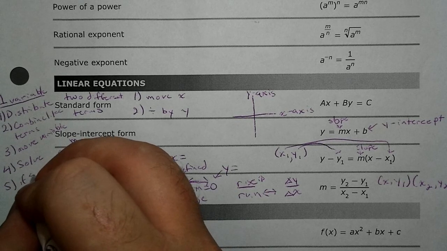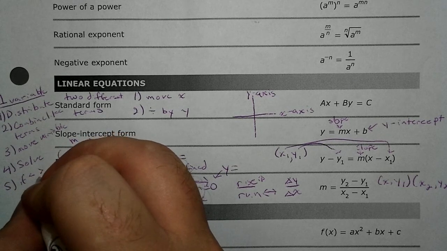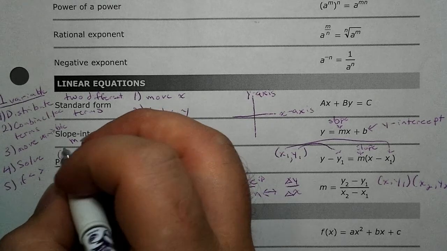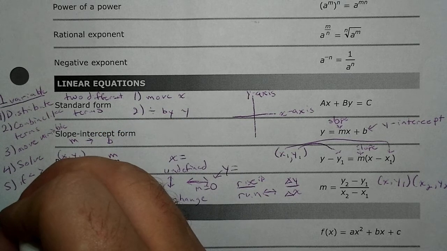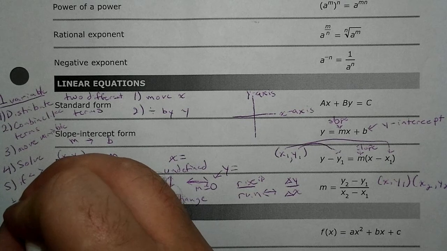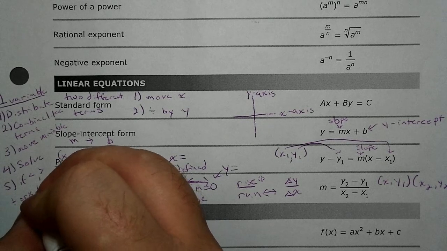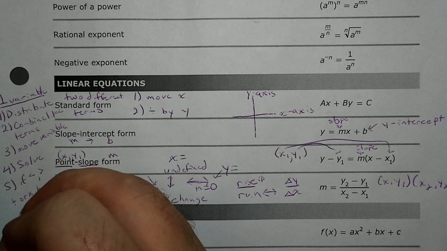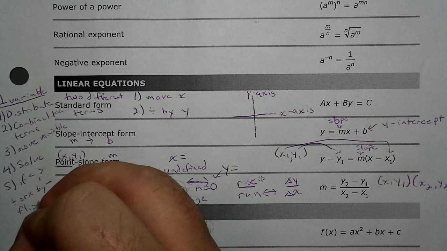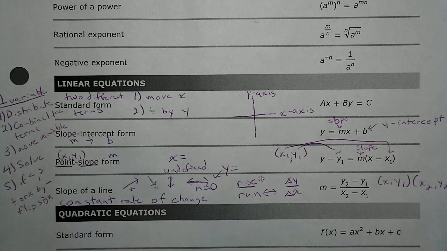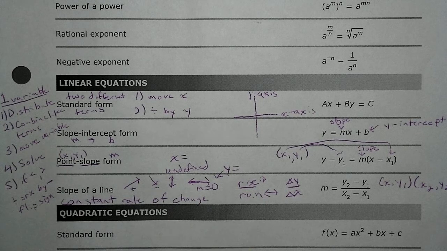So if you have one of these, less than or greater than, and you divide or multiply by a negative, you flip the sign. And that is just for solving equations or solving inequalities.